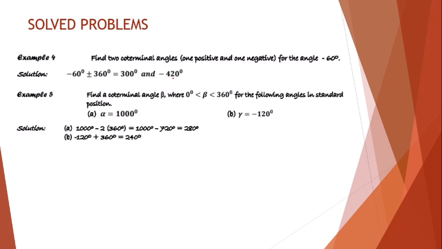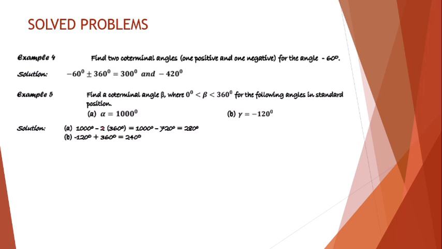Next, example 5. Find the coterminal angle beta where beta is between 0 and 360 degrees, for the following angles in standard position: alpha, we have 1000 degrees, and gamma, we have negative 120. For 1000 degrees, para po siya mag-between sa 360, dalawang beses lang ang subtract.